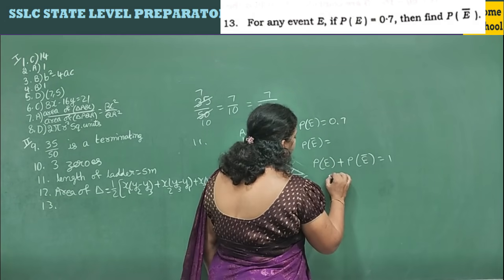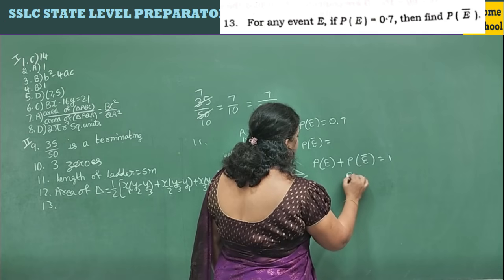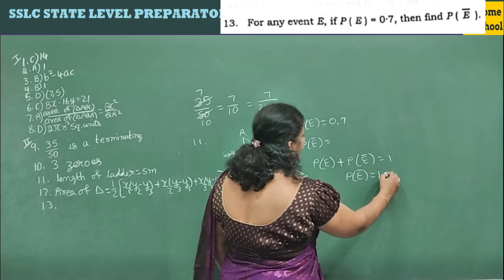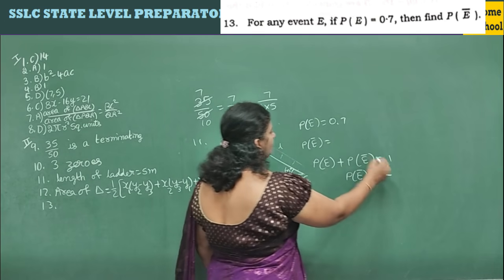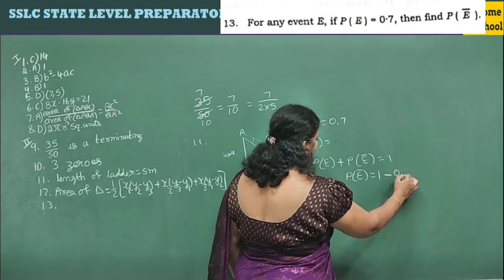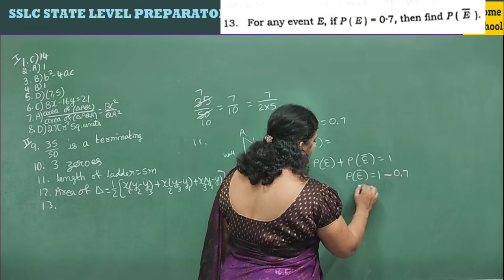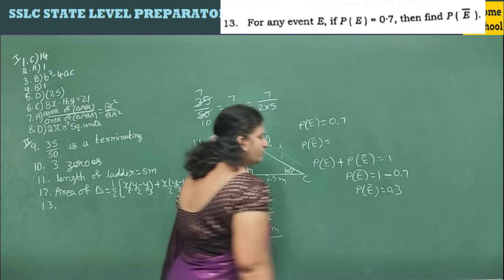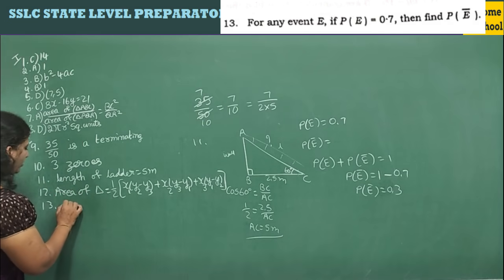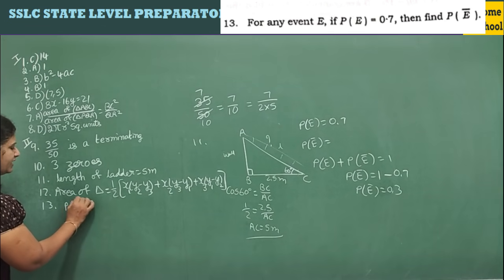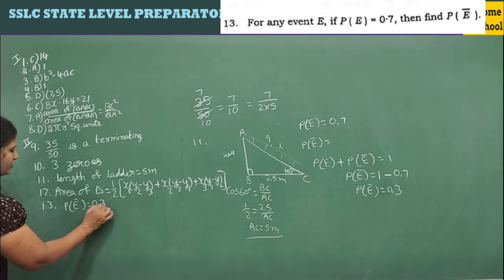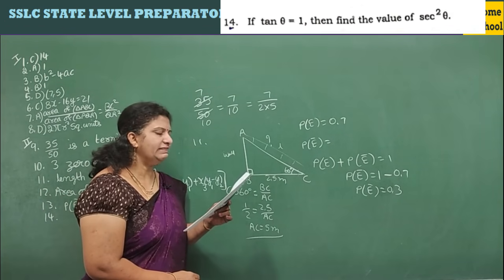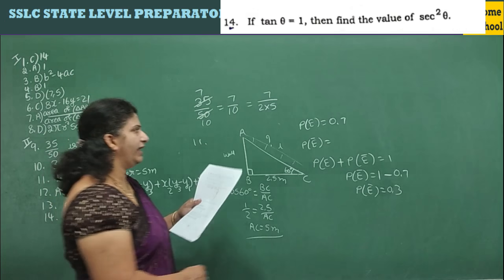Substitute this and transpose to the other side: P of E bar is equal to 1 minus P of E. P of E value is 0.7. In 1, if you subtract 0.7, you are going to get 0.3. That's it. The probability of not an event is 0.3.